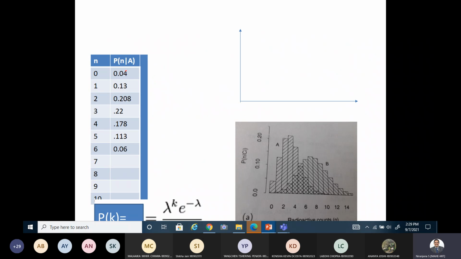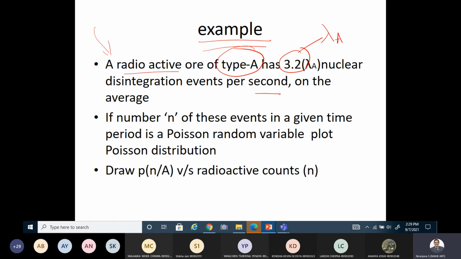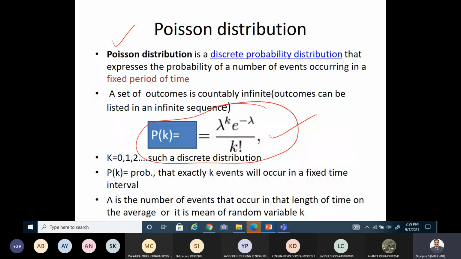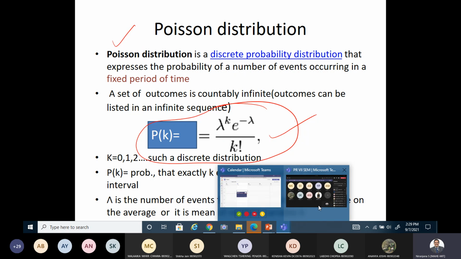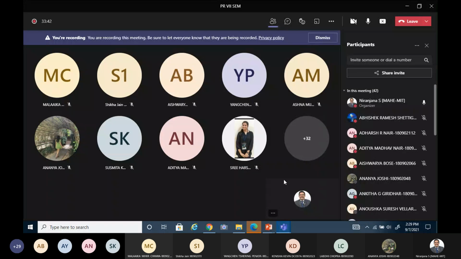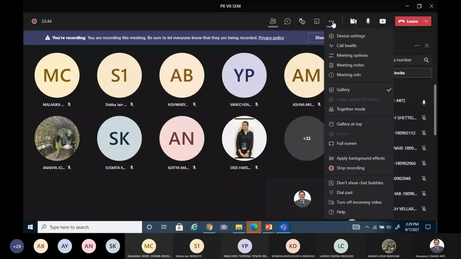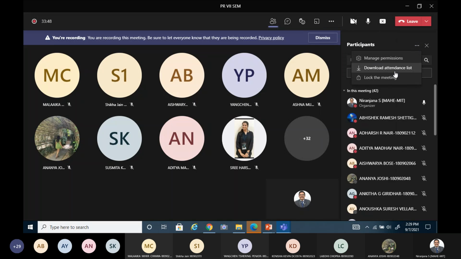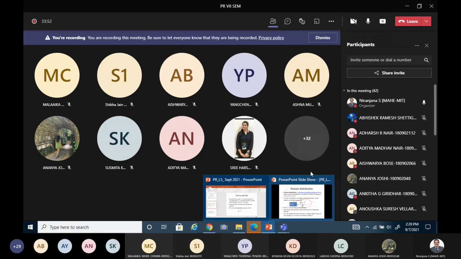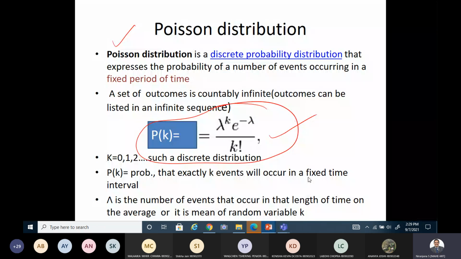You start estimating the probability value. You have the formula already with you. Please note this formula, all of you. Have you noted this?